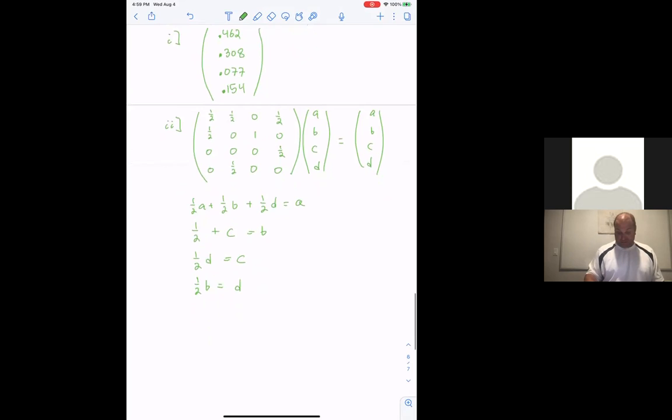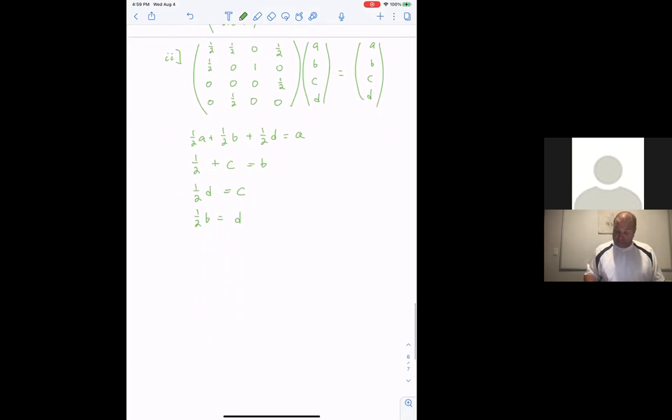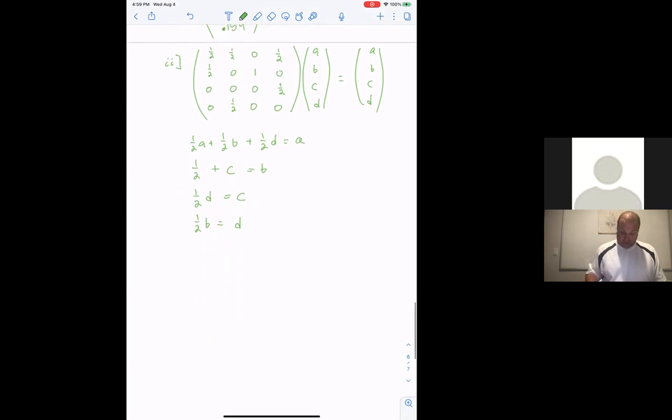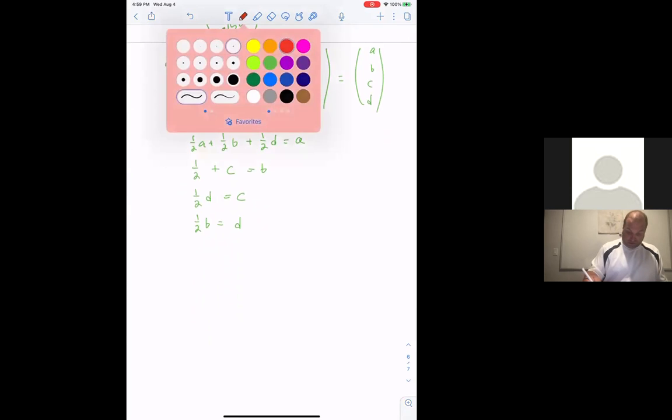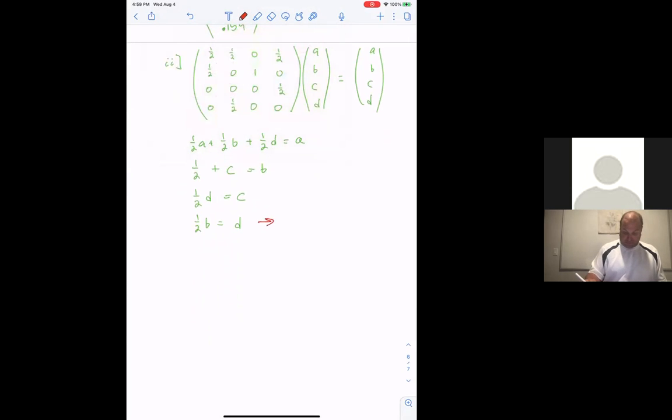So this one, I don't think I need to use my calculator. So here's how I would do it. If 1/2 B is equal to D, what I can do immediately is plug 1/2 B in for D. So 1/2 B, I can plug in right there, and I can plug in right there.